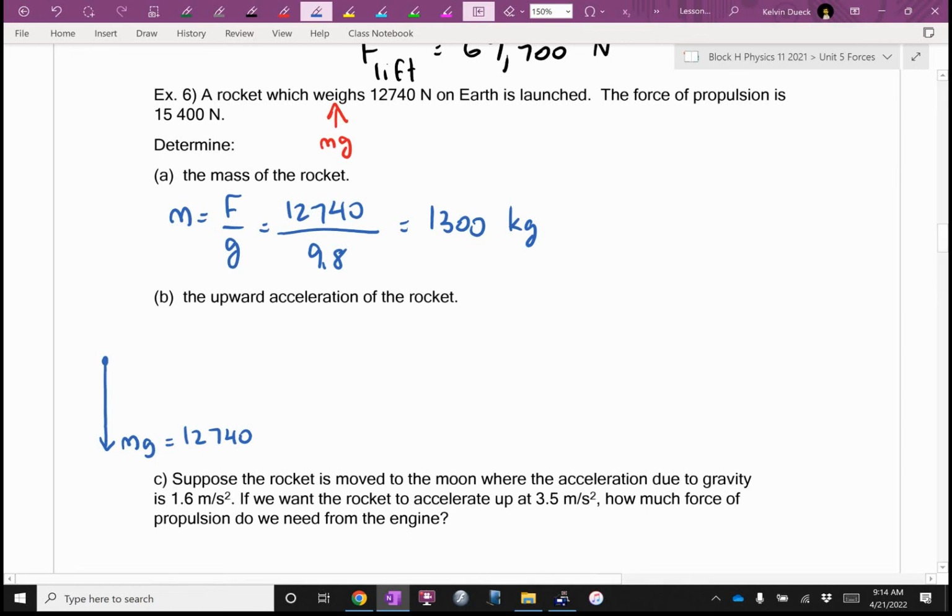I'll call it F prop. And that is apparently 15,400 newtons. Who's winning? Who's losing? Equals? There you go.